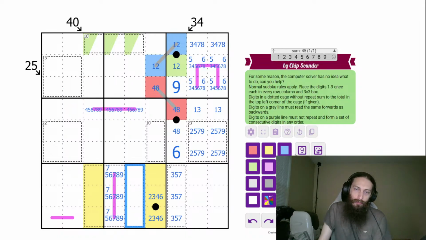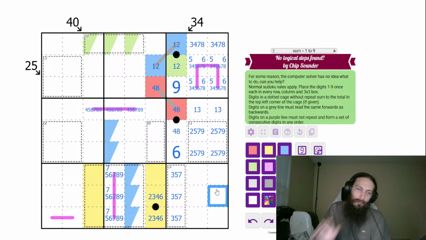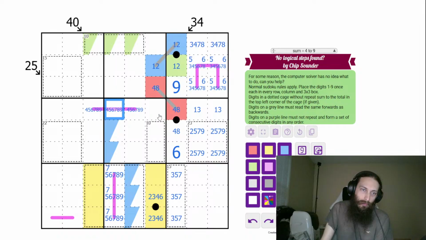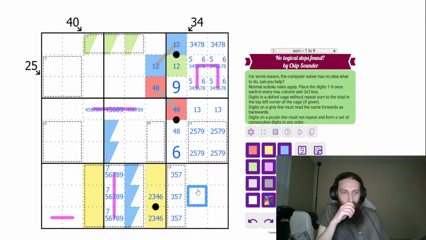Well, blue has to be in here, which means it has to be one of those two, because we know that blue isn't in the yellow group. Oh, and then the 7 here says no 7's there. That's a lot of information.